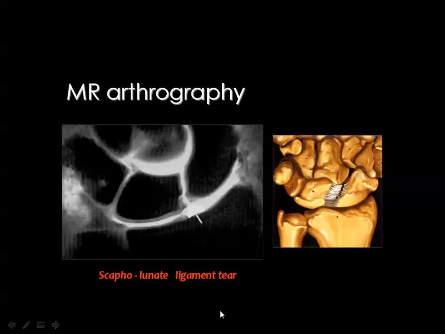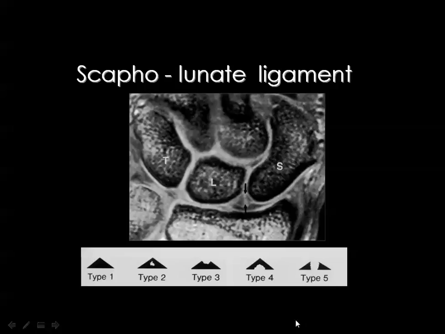Injuries of the scapholunate ligament are important. This ligament is usually injured at its mid portion, and you can appreciate this ligamentous injury better with MR arthrography of the wrist. This is the scaphoid, this is the lunate, and the scapholunate ligament is torn at its middle part.